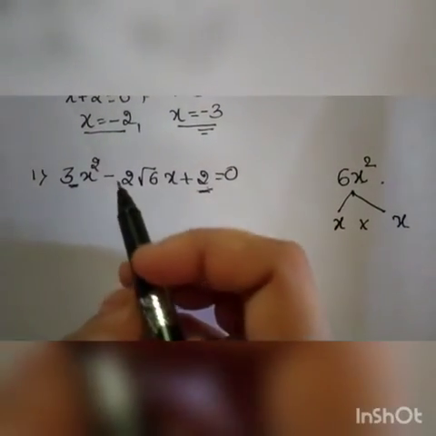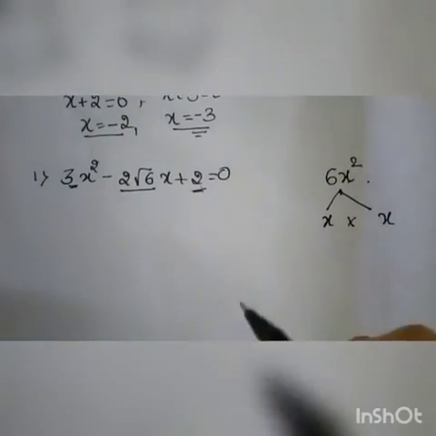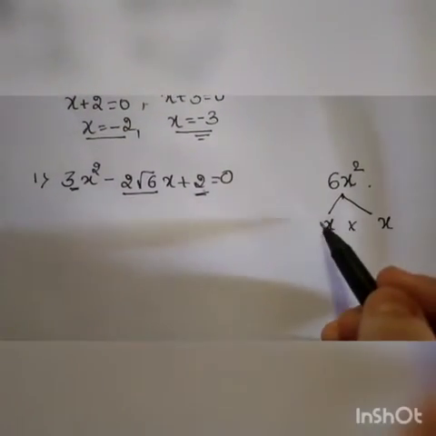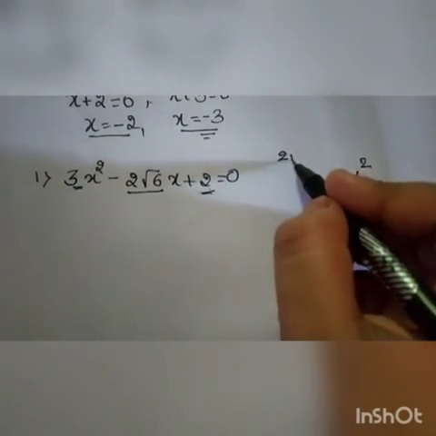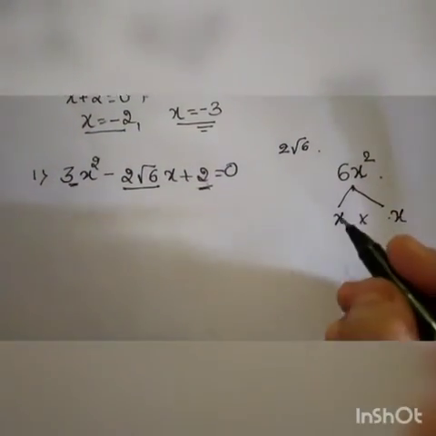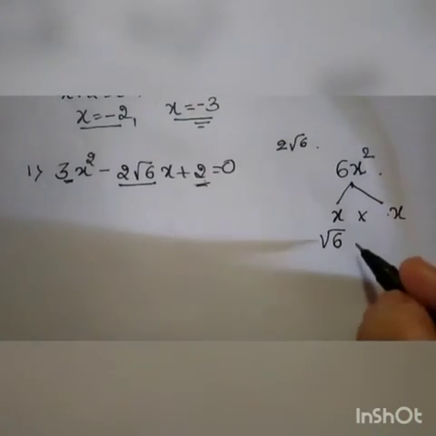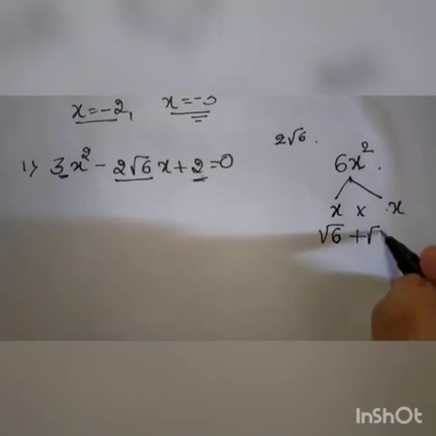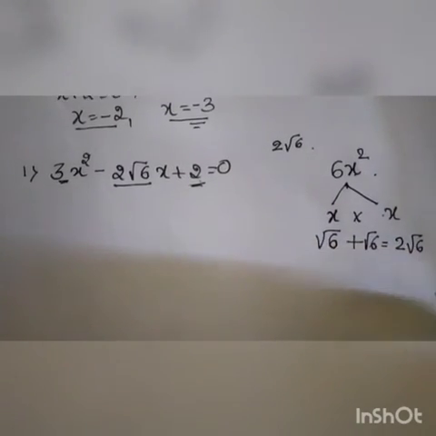The remaining is, you can observe 2 root 6 x, I will have to get that. x obviously I will get. You have to get 2 root 6. 2 root 6 you will get when you add two roots: root 6 plus root 6 gives 2 root 6, isn't it?